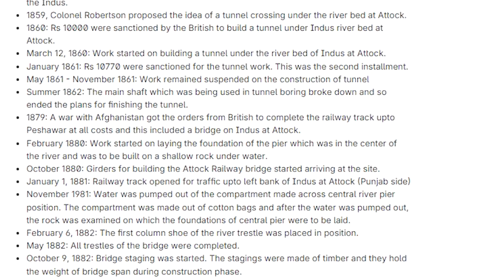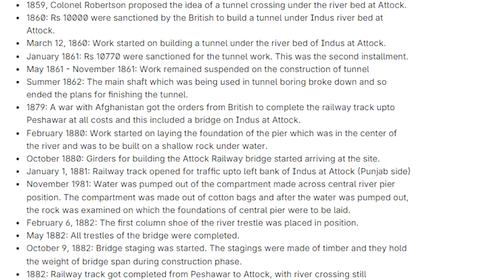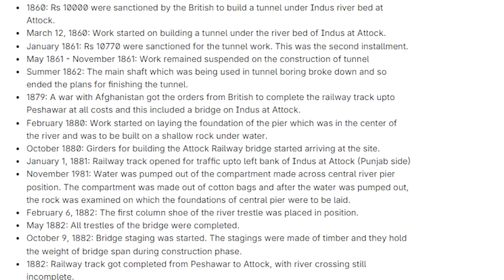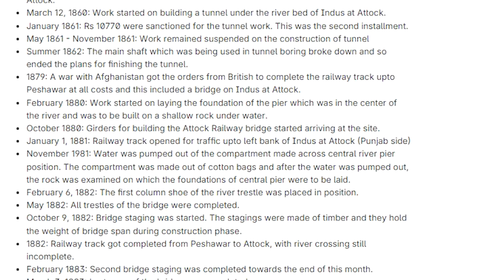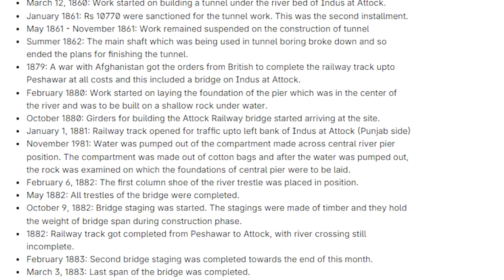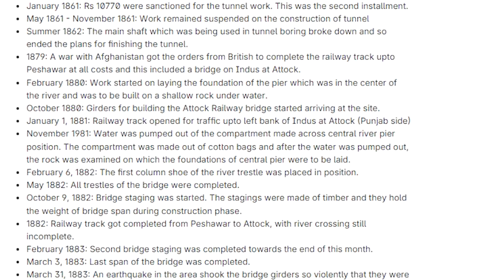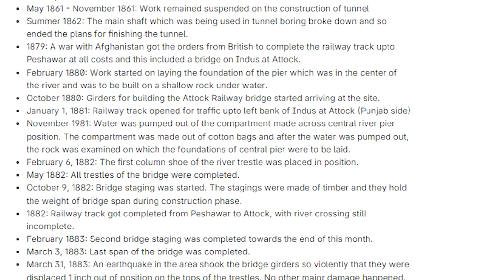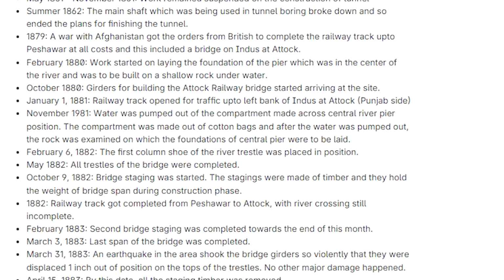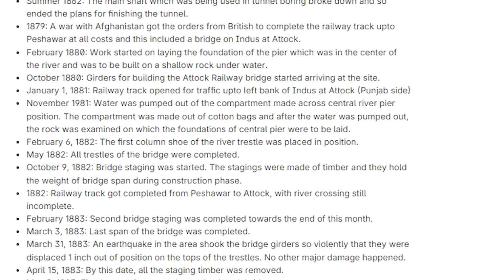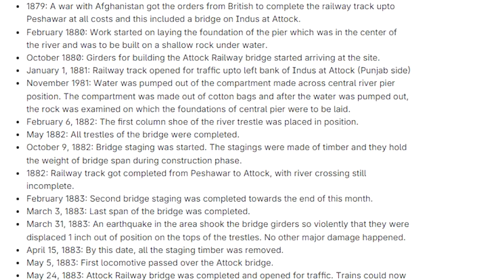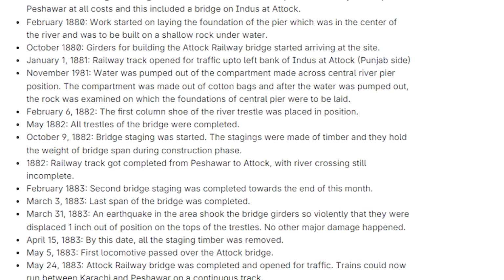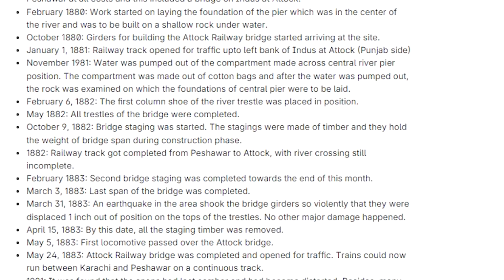So on March 12, 1860, they started the tunnel, and in 2 years they were to complete it, but it couldn't be completed by 1862, so they abandoned it. So in 1879, the Second Anglo-Afghan War started, as you can see. So they started this bridge by 1880, and in 3 years, by May, it was complete.